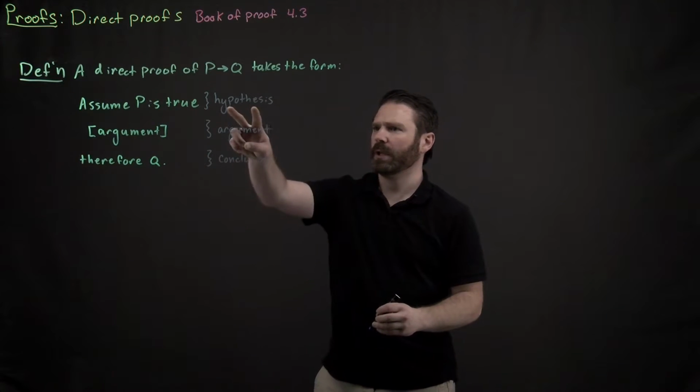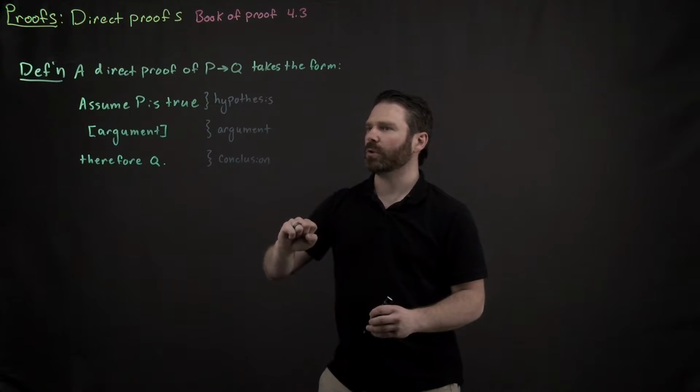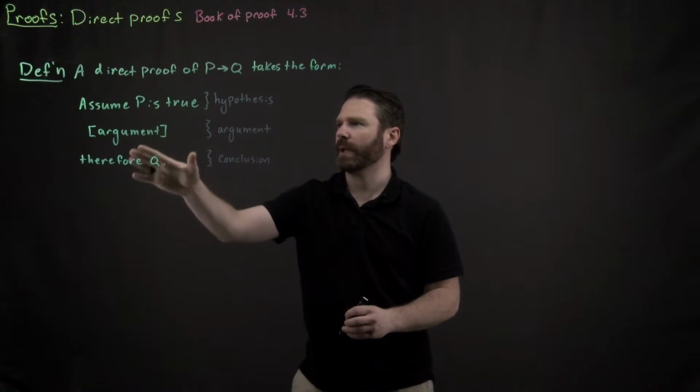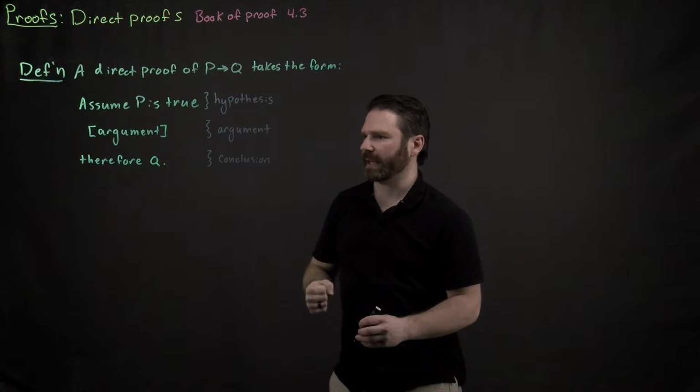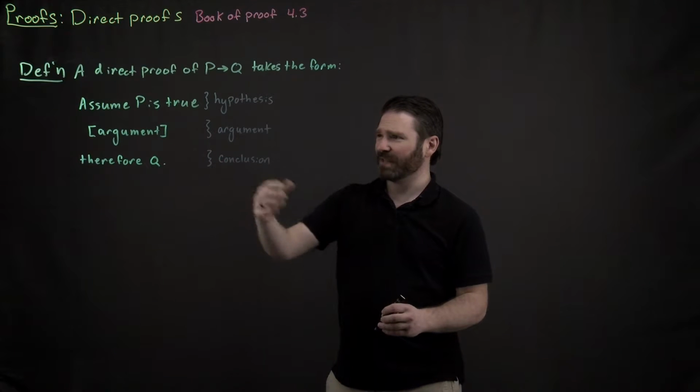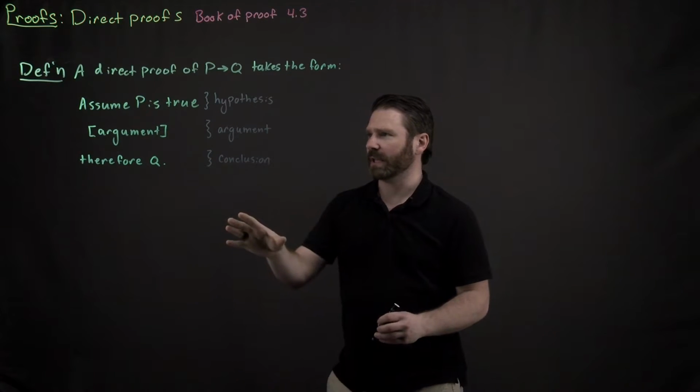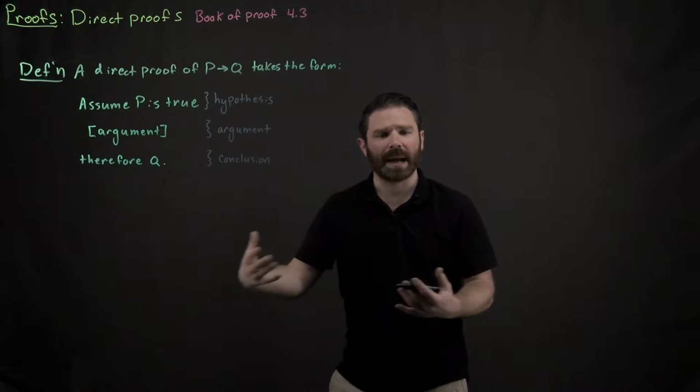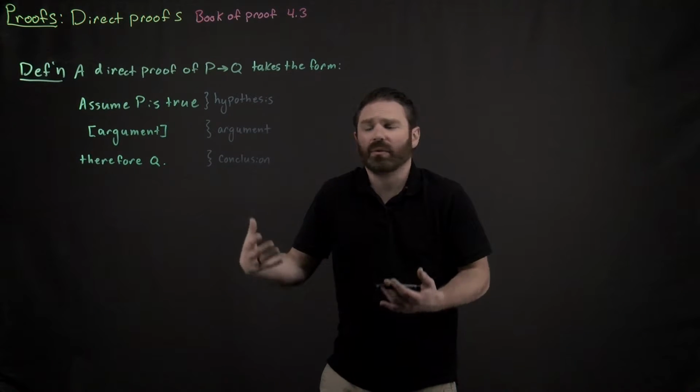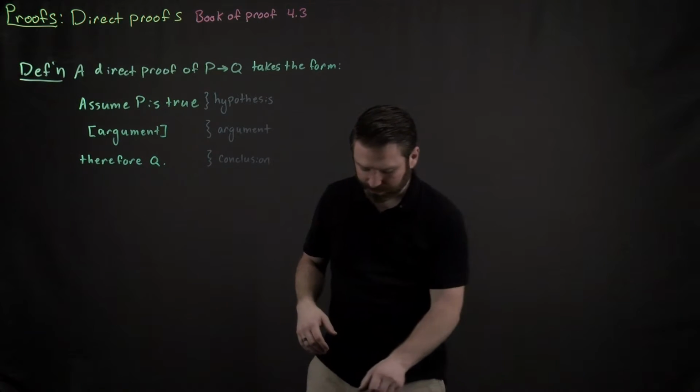So if you hear me refer to hypothesis, argument, or conclusion, I'm referring to these three parts of a proof technique. And this definition right here might look a little bit confusing. So let's go ahead and go back and show how and why this thing works.